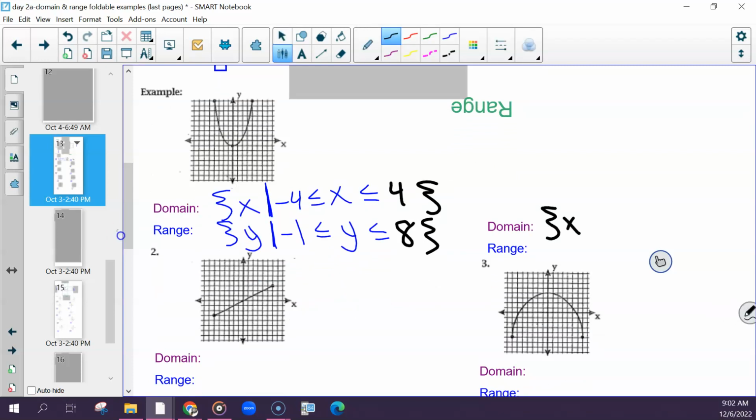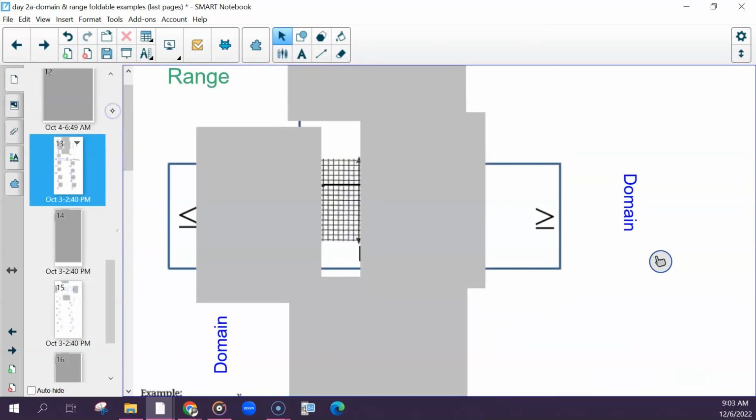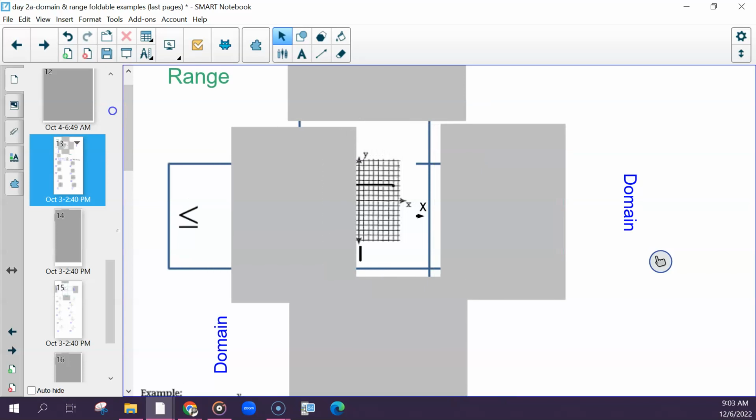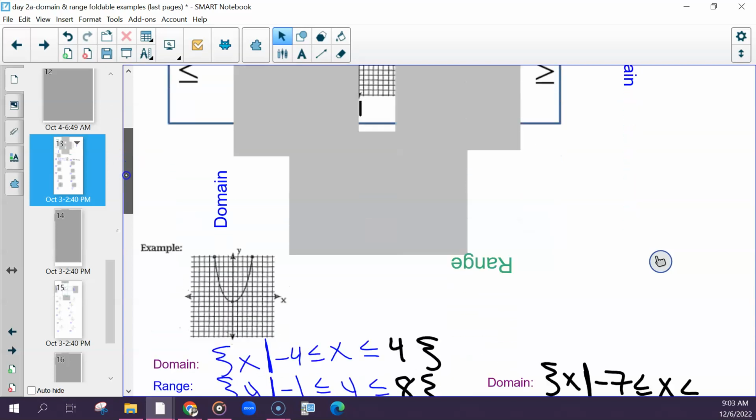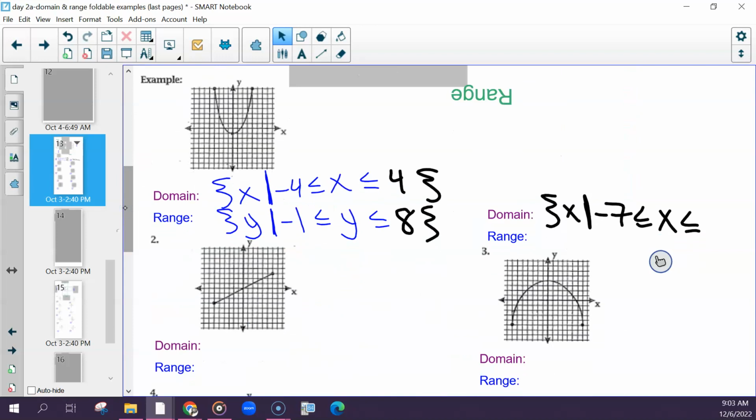Curly brackets, x such that -7 is less than or equal to x, which is less than or equal to, anyone already find the right side? Yeah. It's also 7. Sometimes they are the same, sometimes they are not, so don't assume it to be the same, because then the count could be off.